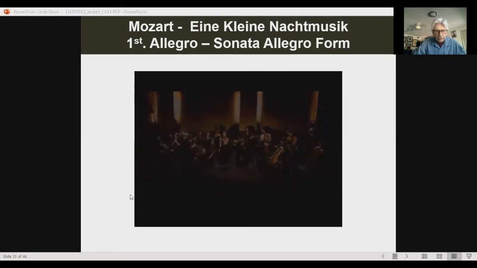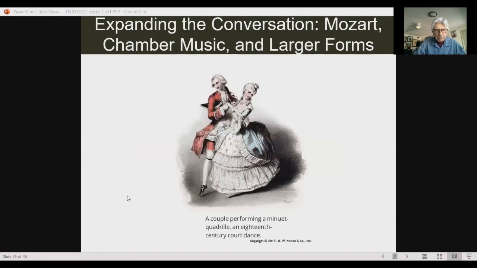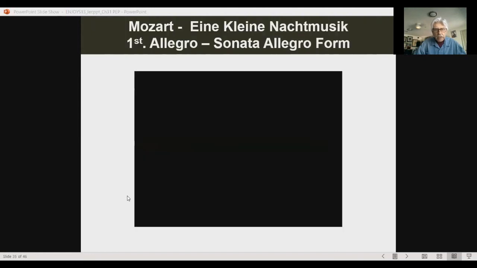So you have to hear a piece of music many times and then be aware of what you're listening to. So this includes the half of chapter 31 about Mozart's Eine kleine Nachtmusik and regarding the first movement, Allegro in sonata allegro form. So that concludes this section.